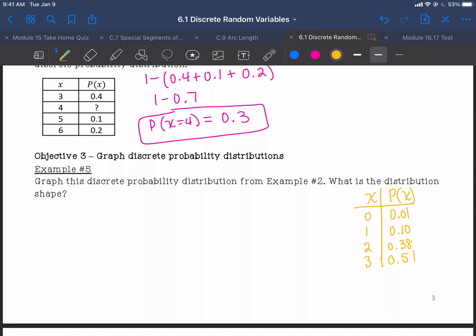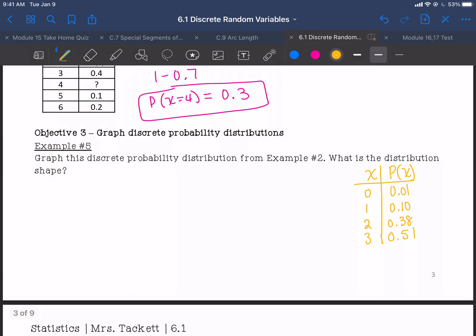So we're going to make our positive x and y axis like normal. The x values represent the number of made or successful free throws, so that could have been 0, 1, 2, or 3.